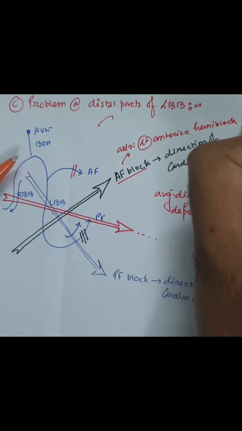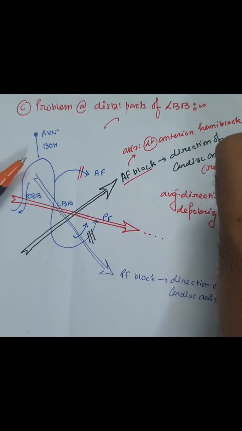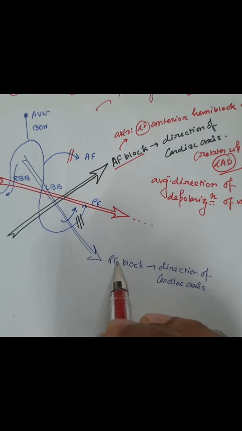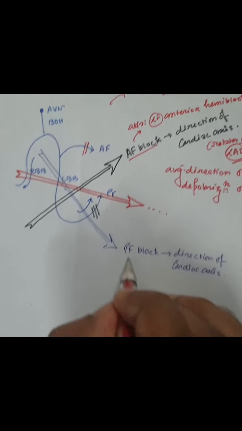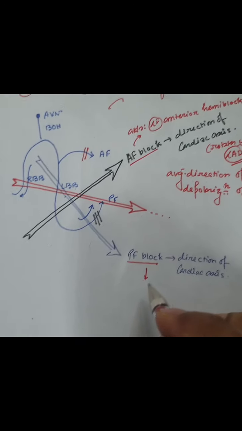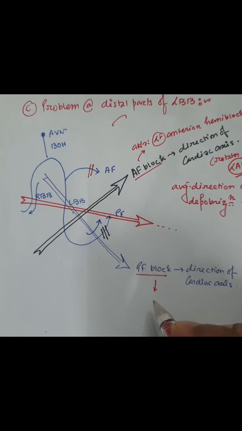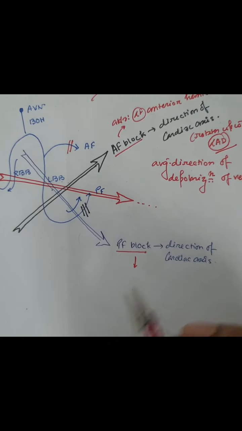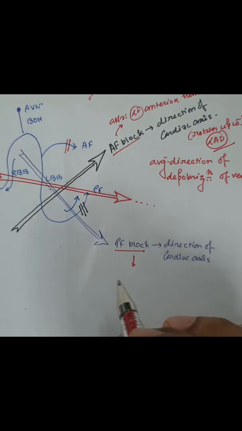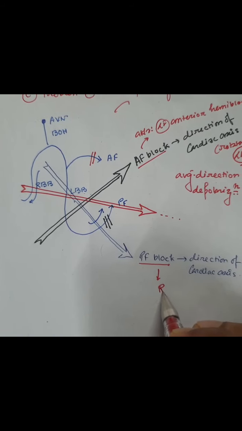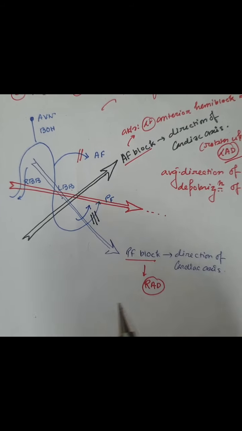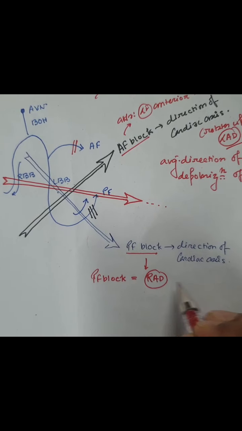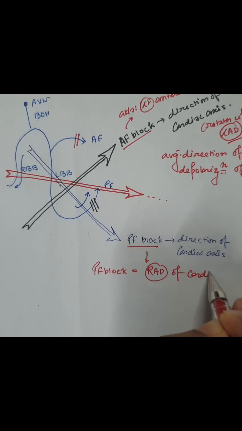So left anterior hemiblock leads to left axis deviation of the cardiac axis. And in case of the posterior fascicular block, which is not often found selectively or separately, but if it occurs separately, that means no anterior fascicular block, only posterior fascicular block, there is right axis deviation. So posterior fascicular block means right axis deviation of the cardiac axis.